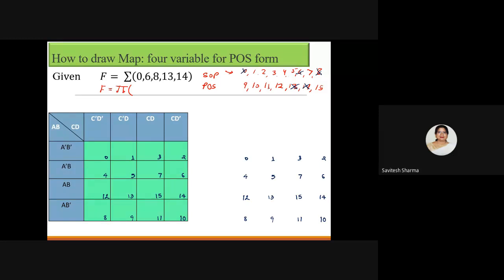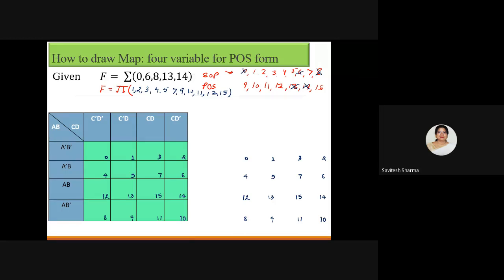So what are the remaining numbers? 1, 2, 3, 4, 5, 7, 9. You are actually writing the numbers that are missing in the SOP form. That will become your max terms. So you see how I converted SOP min terms directly into max terms. You got it? How to convert SOP form to POS form?